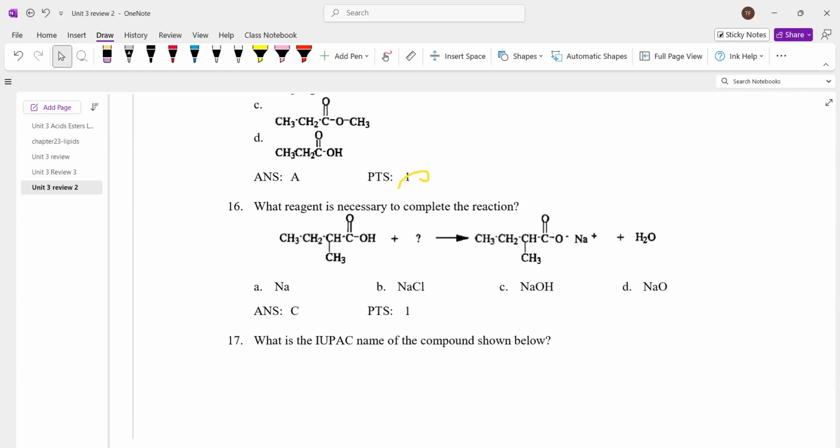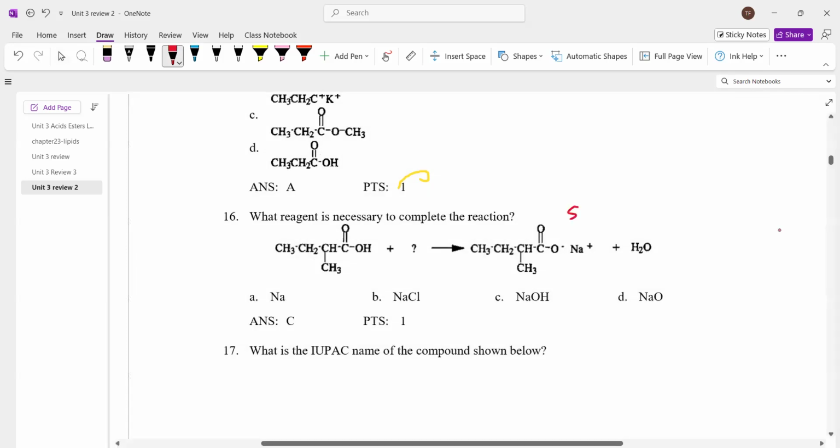Okay, so this is a saponified ester. So it takes it apart to the salt.